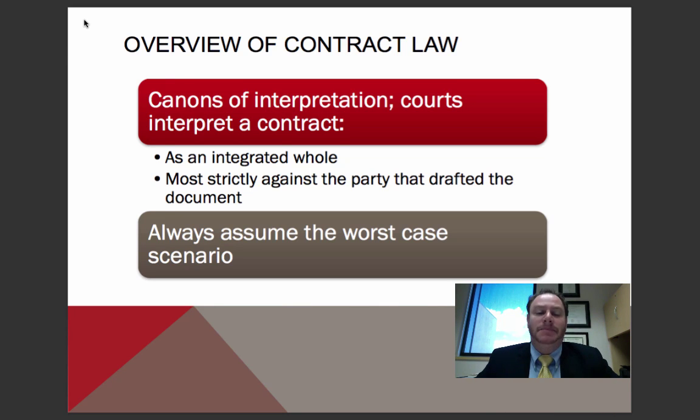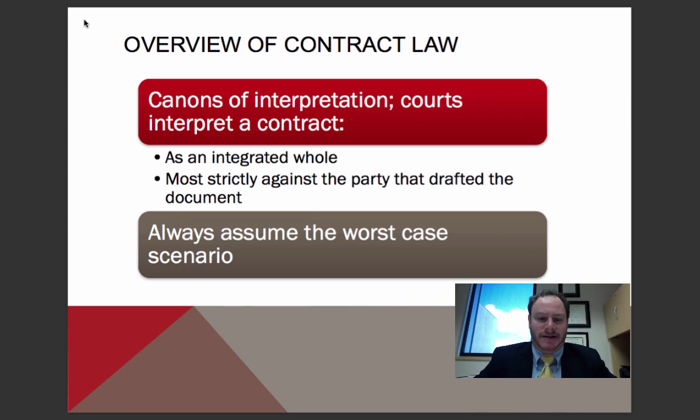And as a policy matter, a contract is going to be construed against the party who drafted it. If you and I are drafting up a contract for you to mow my lawn, and I'm the one who actually writes out the contract and gives it to you, and you sign it, and then there's a problem with that contract, a court is going to automatically say that unless I can prove that I'm not in the wrong, I will be in the wrong because I had the opportunity to draft the contract and I gave that contract to the person.